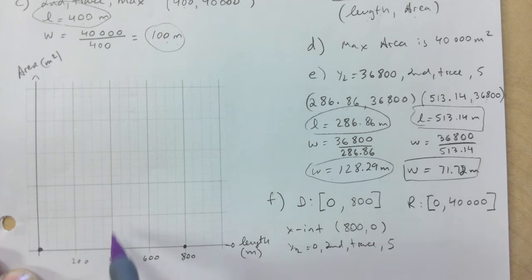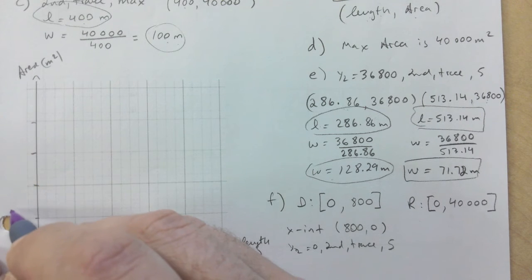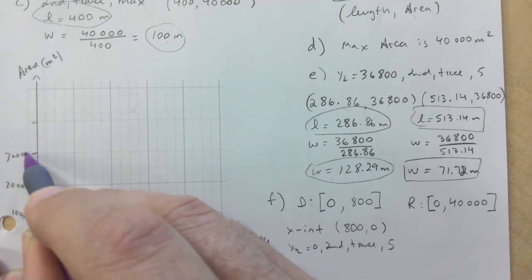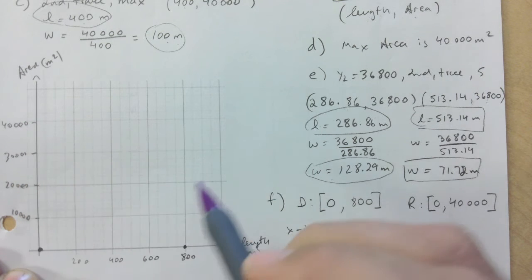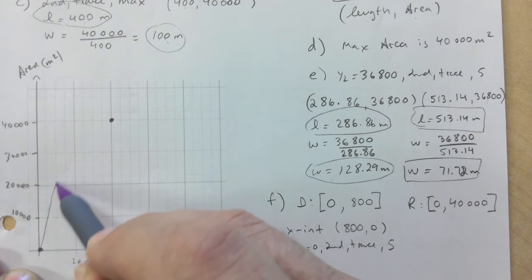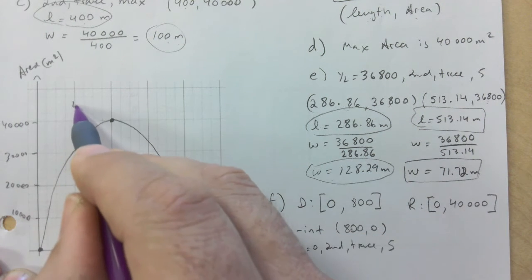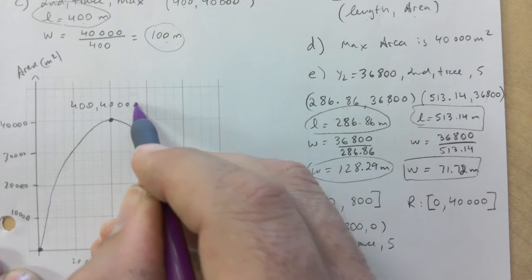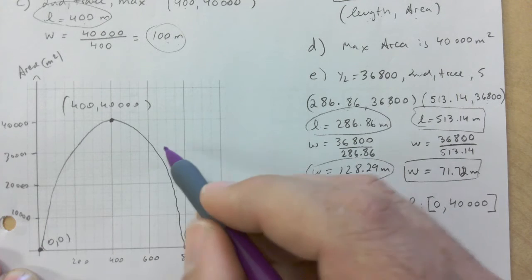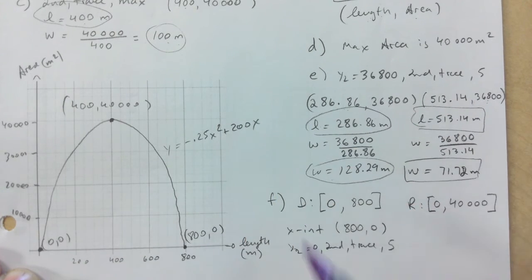The maximum is at 400 and we need to account for that, so I'm going to go up by 10,000, 20,000, 30,000, 40,000. Okay. 400 and 40,000, I mean. There it is. And there's your graph.